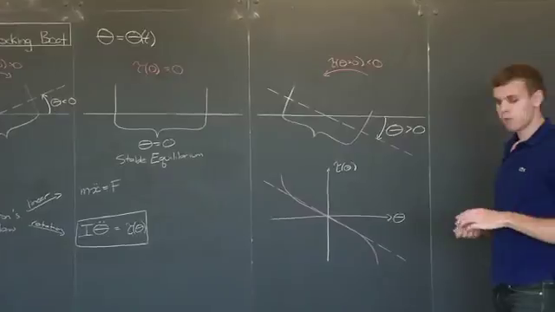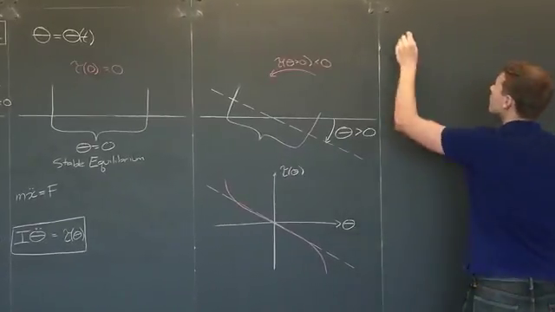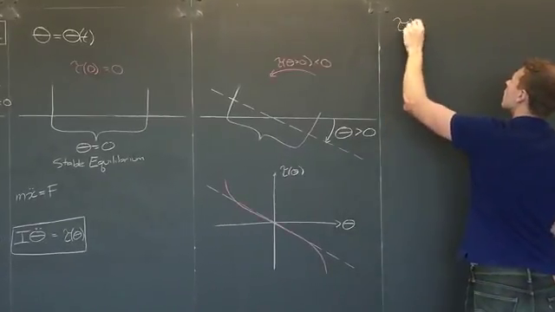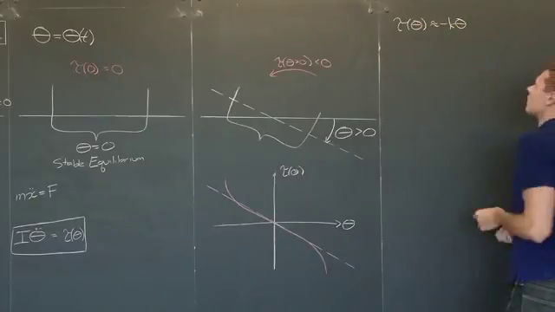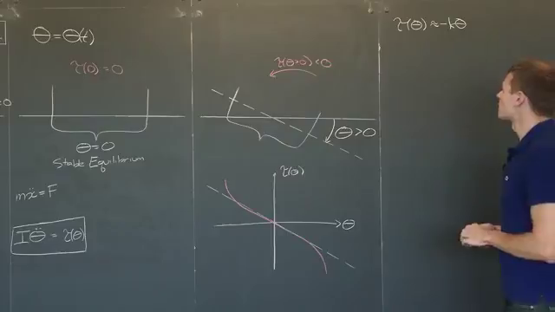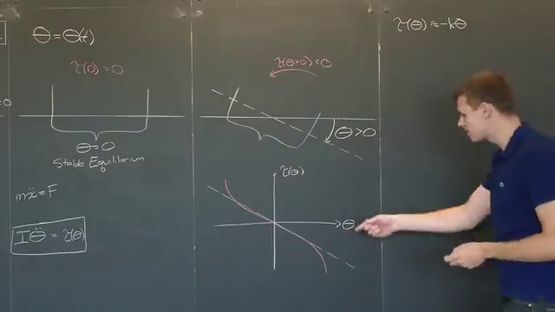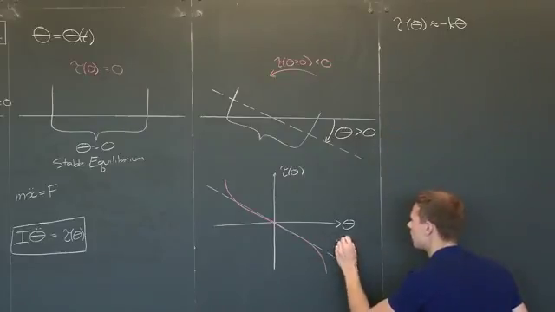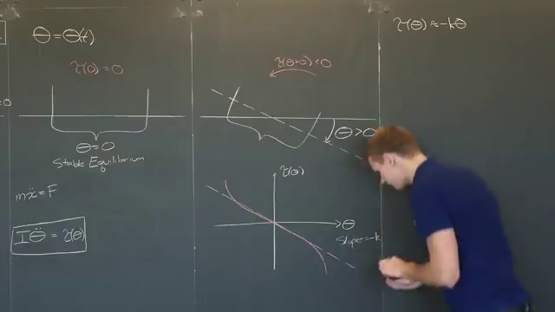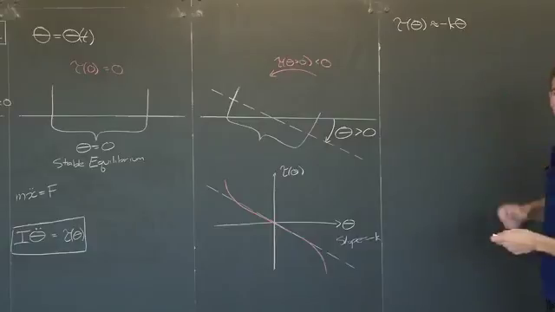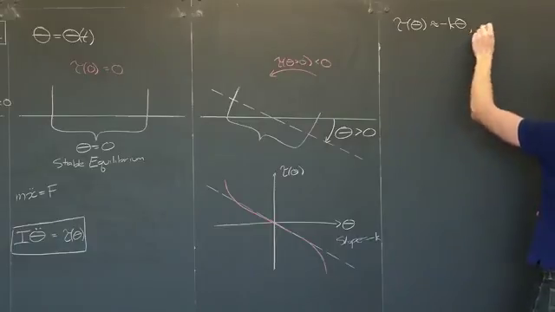This gives a linear approximation for the torque of negative k times theta. k is a positive constant such that negative k is the slope of this tangent line. Remember that this linear approximation is only valid for small rotation angles.